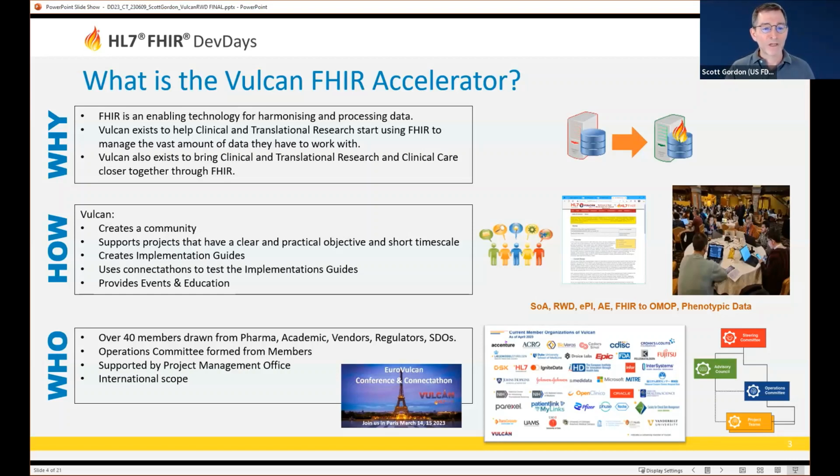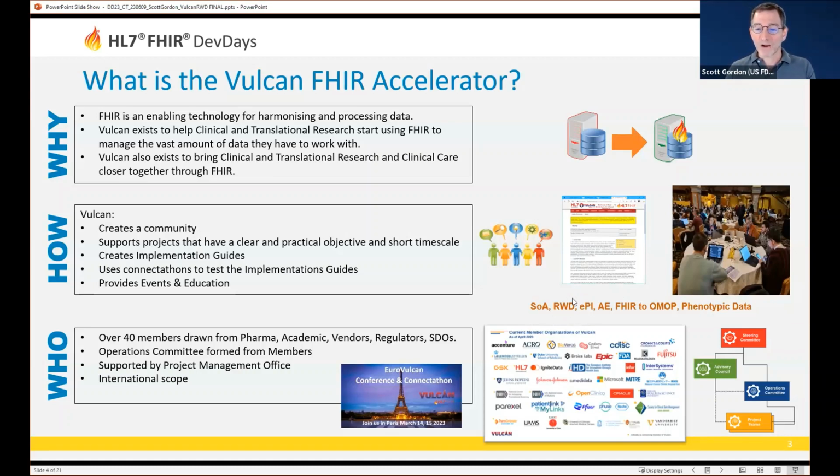It's a large community comprised of many members across pharma, academia, vendors, regulators, standards development organizations, and so on. There's quite a number of tracks, which are listed in the middle of the screen.